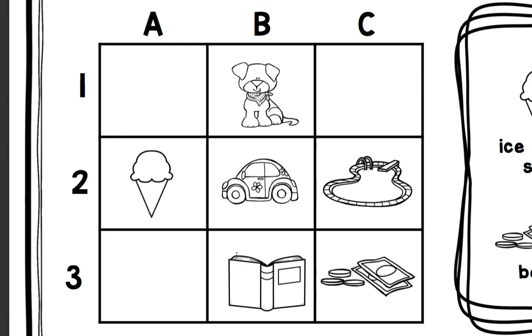Okay, so my book. I'm going to look to the side to see where it's at. Okay, it's at the 3. Now I need to go up to see what letter. It's in B. And we always put the letter first. So my book is in B3.